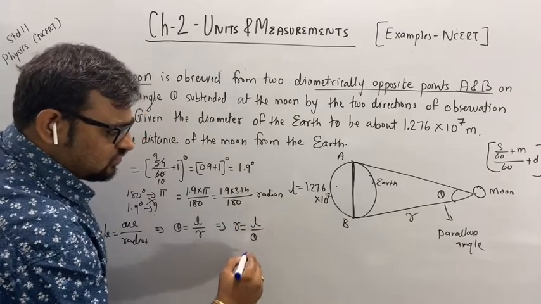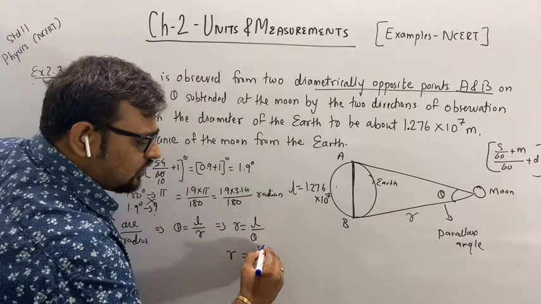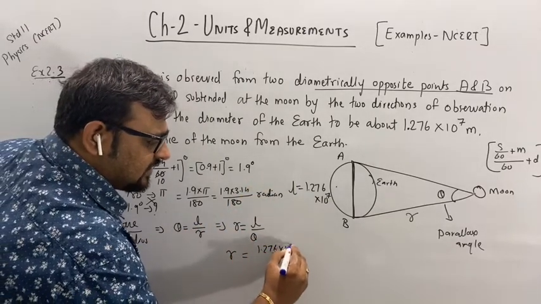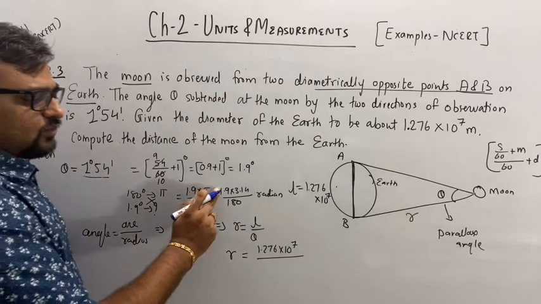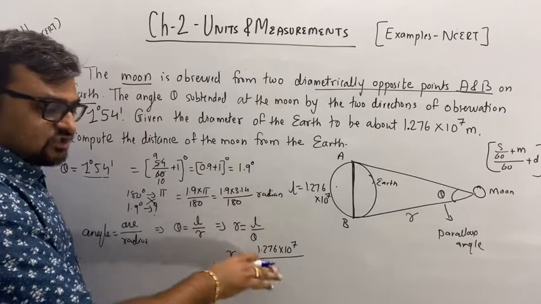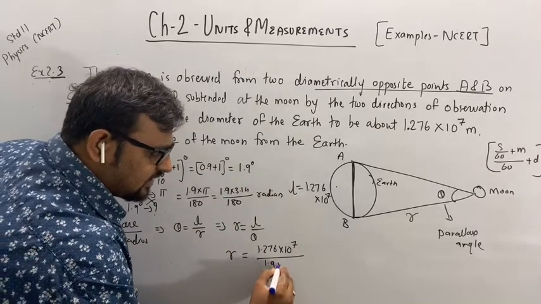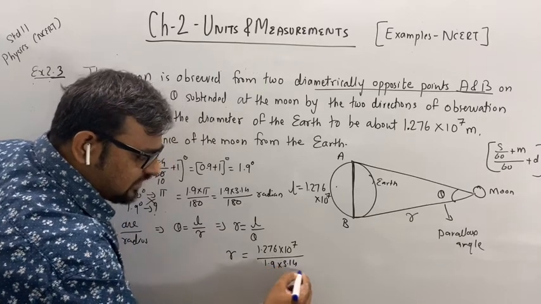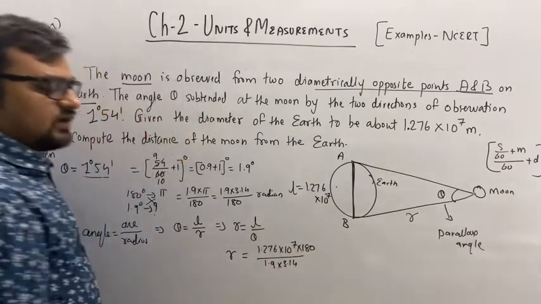Clear? So how to calculate R? What is L? 1.276 into 10 raised to 7, divided by theta, which is 1.9 into 3.14 divided by 180. Since it is in the denominator, I'll write its reciprocal: 1.9 into 3.14, and instead of dividing by 180, I will write into 180.